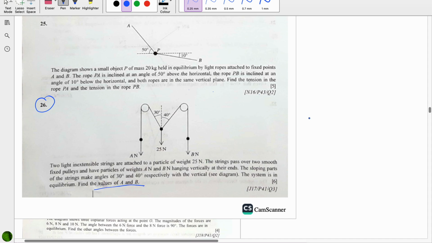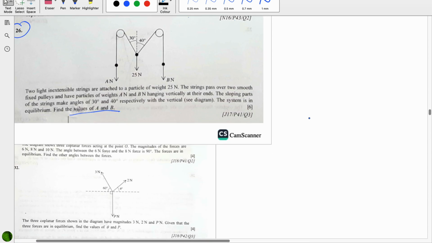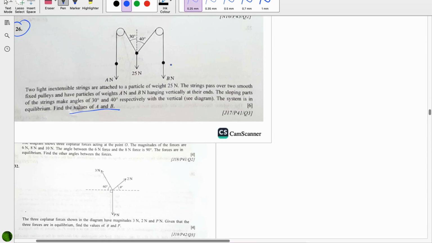So same rules, we will split these into two, horizontal and vertical forces. So this is B which acts right here, that is A which acts right here, and vertical and horizontal forces. The horizontal part of this equals the horizontal part of that, which would be A sine 30 is equal to B sine of 40.